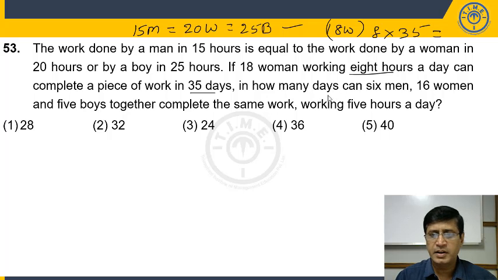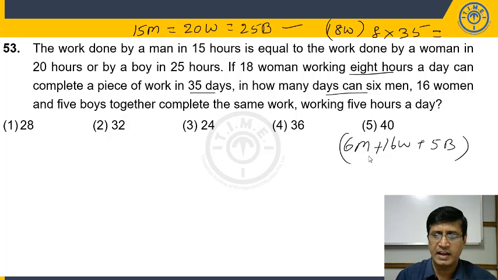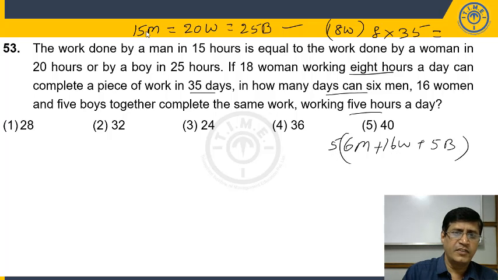Now in how many days can 6 men, 16 women and 5 boys complete the same work working 5 hours a day? So this group we need to find. What is the efficiency of the man, woman and the boy? Just observe man and woman.